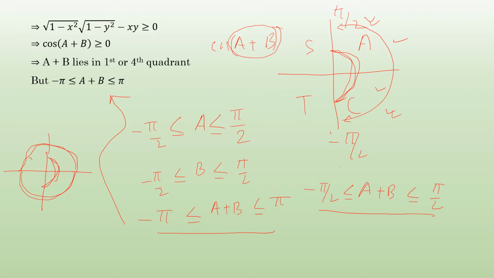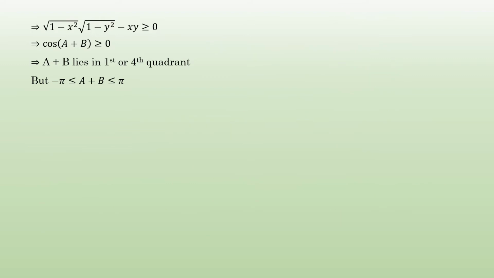So I am clearing this screen. So that is written here. So from these two, that means a plus b is in the first and fourth quadrant, and this one, minus pi less than or equal to a plus b less than or equal to pi, and so combining these two we can conclude that a plus b is actually between minus pi by 2 and pi by 2.